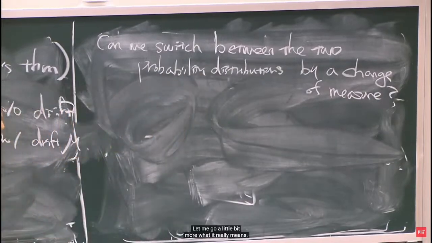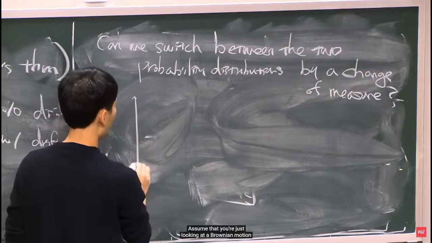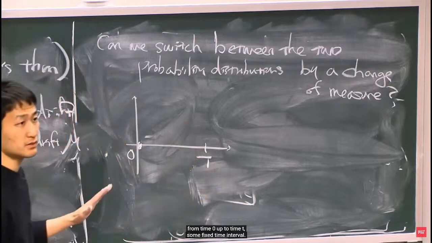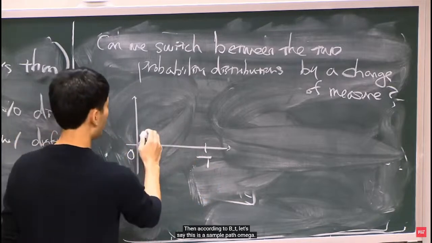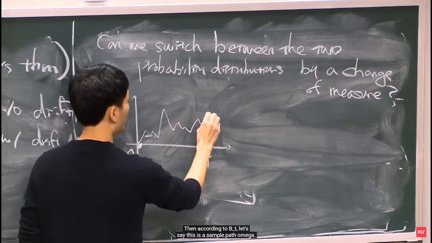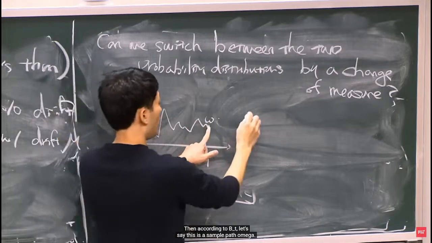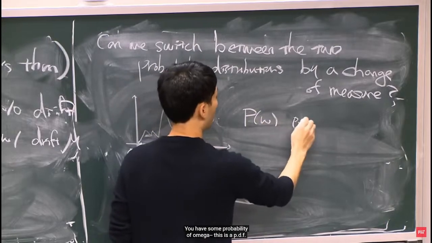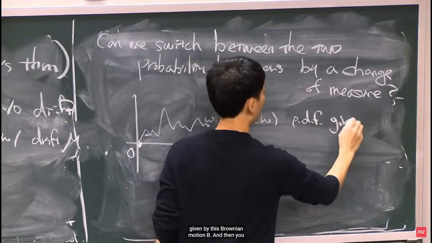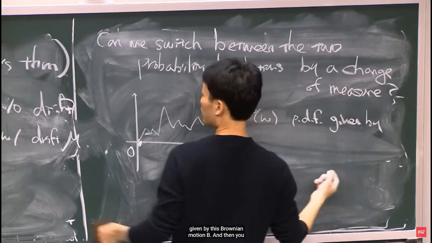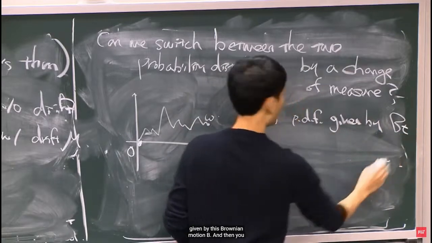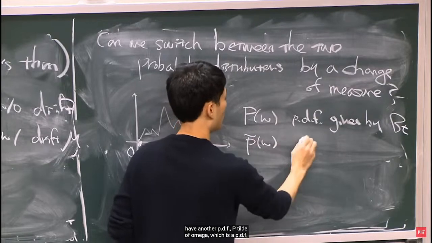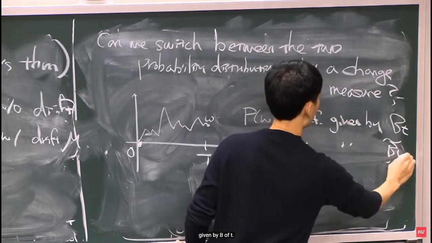Let me go a little bit more into what it really means. So assume that you're just looking at a Brownian motion from time 0 up to time t, some fixed time interval. Then according to B, let's say this is a path, a sample path omega. You have some probability of omega. This is a PDF given by this Brownian motion B. And then you have another PDF, P tilde of omega, where the PDF is given by B tilde.